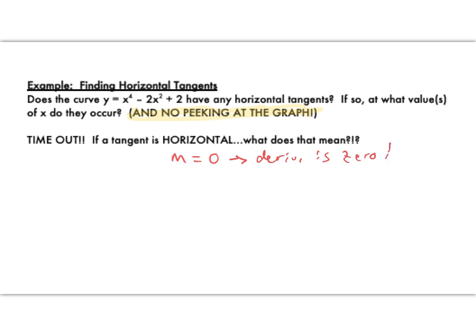So the strategy here is find the derivative, set it equal to 0, and solve. Now that might give us some algebra to do in a moment. So let's go ahead and find the derivative first. dy over dx is going to be 4x to the third minus 4x, and then the 2 drops out. So now, in order to find where those horizontal tangents are, I'm going to set this equal to 0.